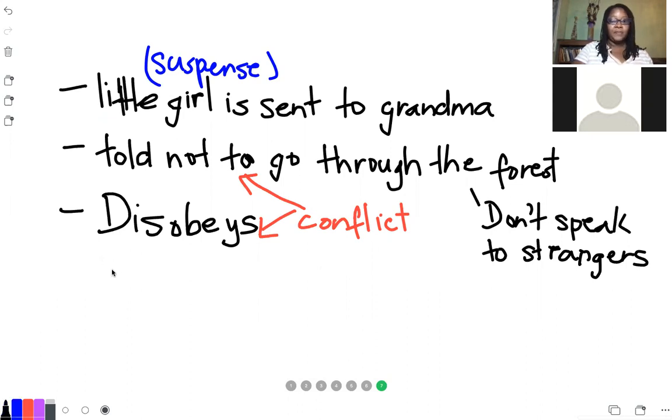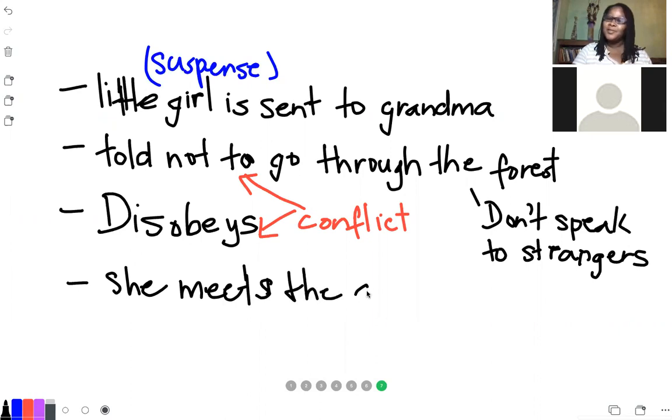So, first suspense point, she meets the animal. You must know which fairy tale this is by now. She meets the animal. Again, your readers are going to say, aha, something is going to happen between her and this animal. If all you have happening is she says, good morning, he says, hi, how are you?